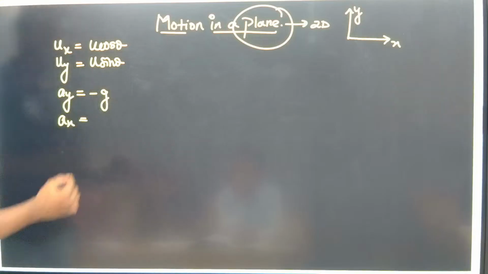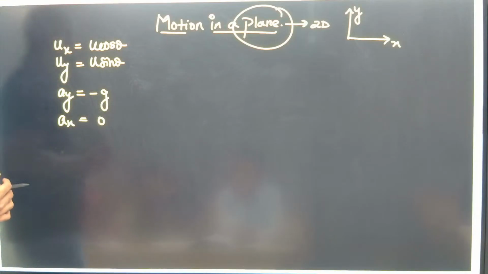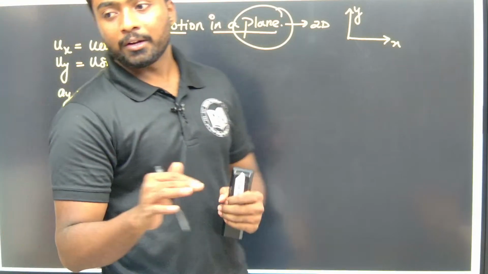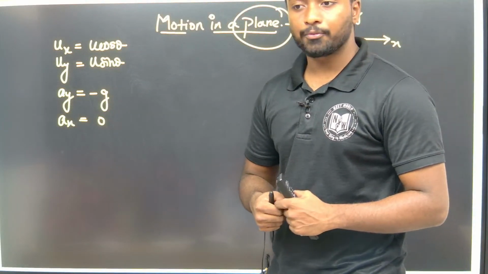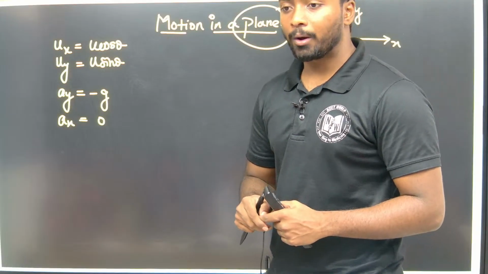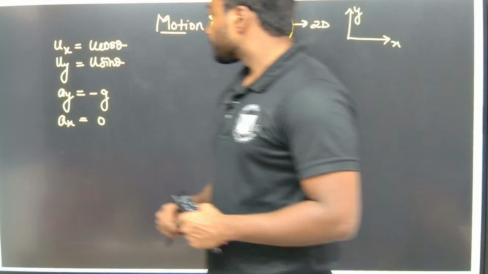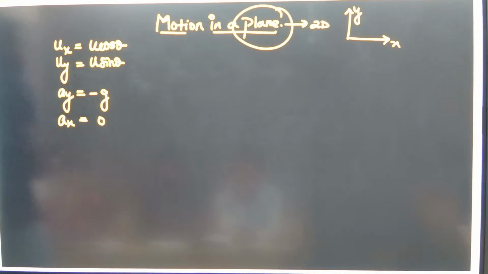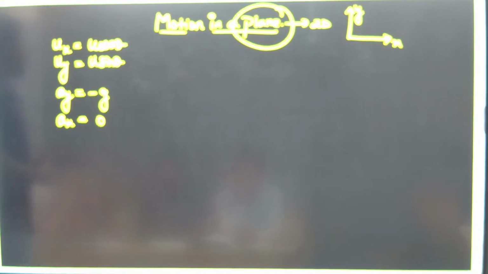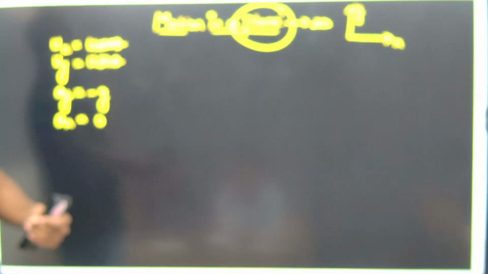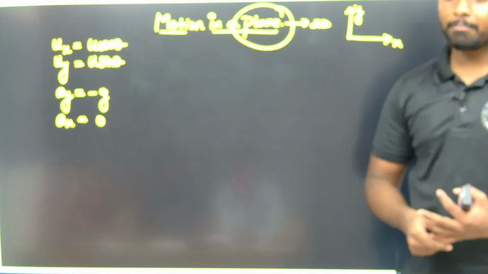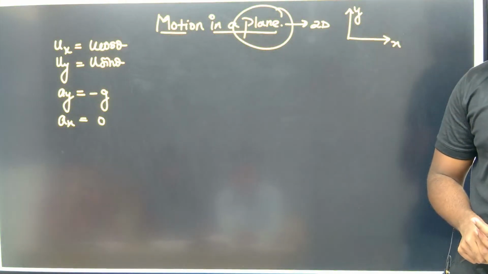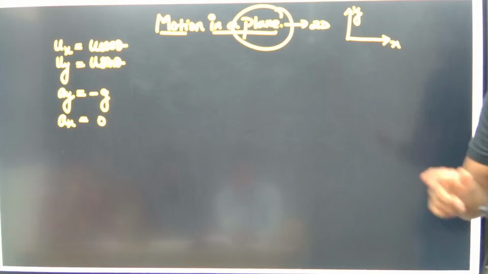No, it is 0. Now we know the velocities and accelerations with respect to horizontal. It might be plus g while coming down, but you are throwing against gravity, so obviously a will be minus g. Then when coming down it will be plus, but that is for the next case.